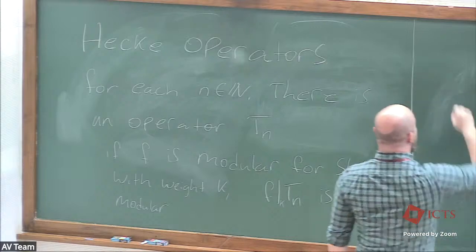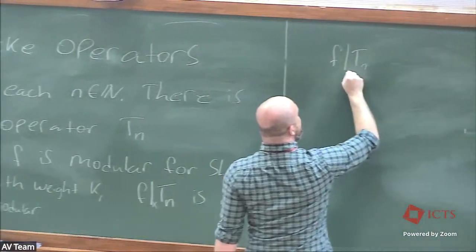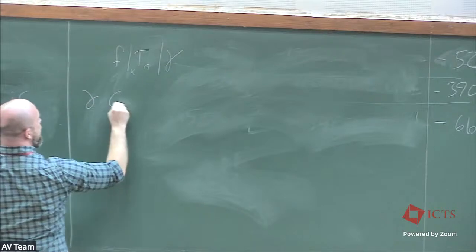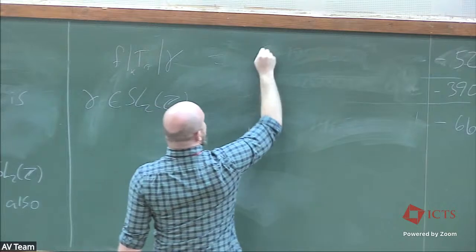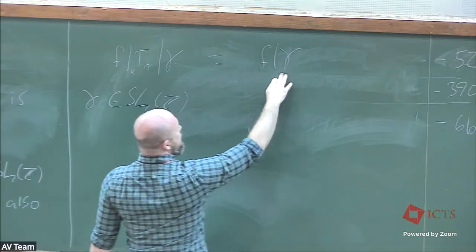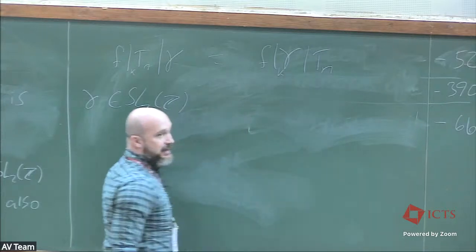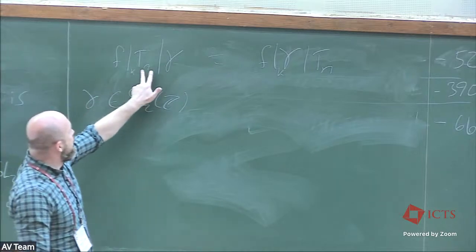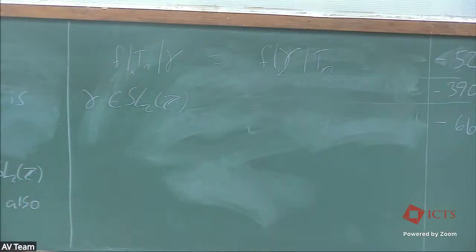Regardless of the function, if I take f, hit it with my Hecke operator, and then apply my slash operator for some gamma in SL2Z, well, this is the same thing as acting by my matrix gamma and then acting by my Hecke operator. So I have these operators that commute with this matrix action, at least by any integer matrix here.